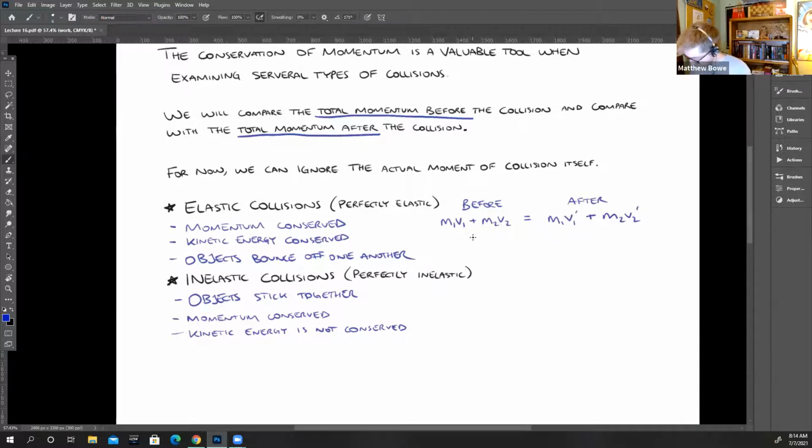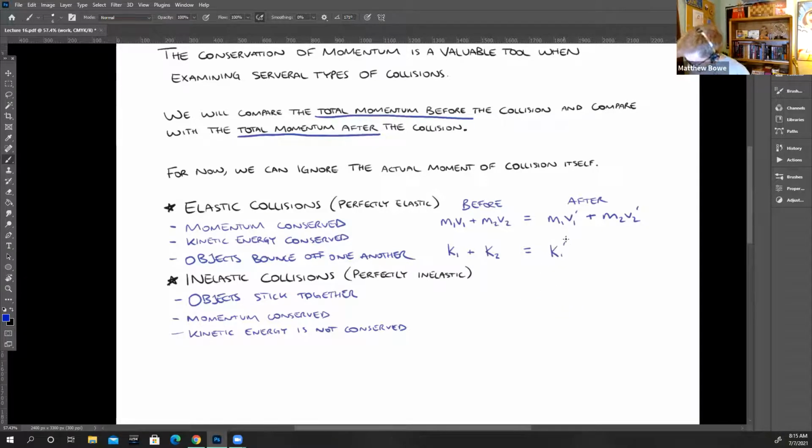I can also look at kinetic energies too. So kinetic energy of the first object plus kinetic energy of the second object is equal to, remember what kinetic energy is made of, it's 1/2 mass times velocity squared. Velocity is going to maybe change, and you're going to have to factor that into the kinetic energy.